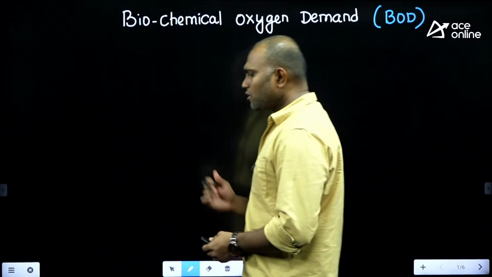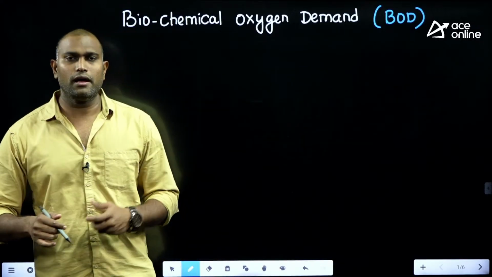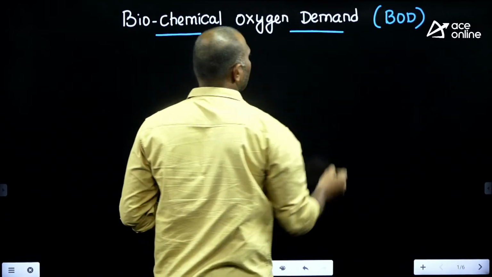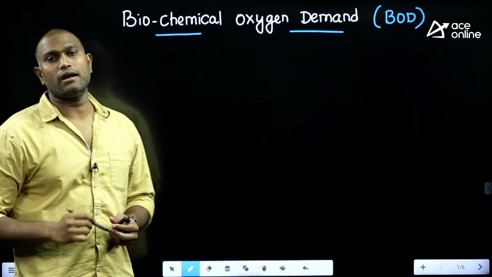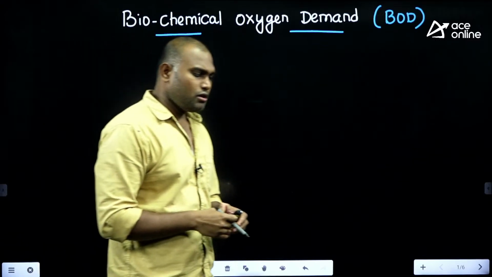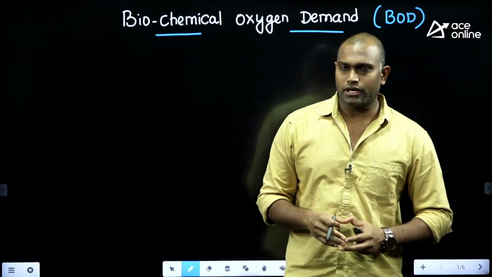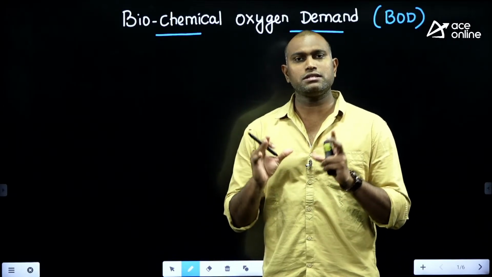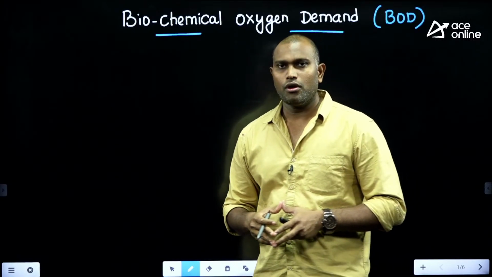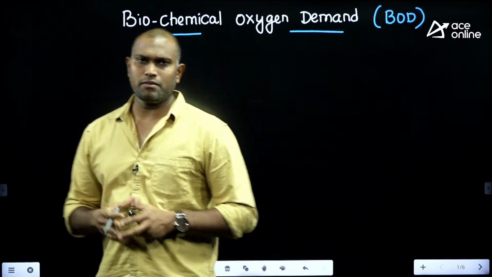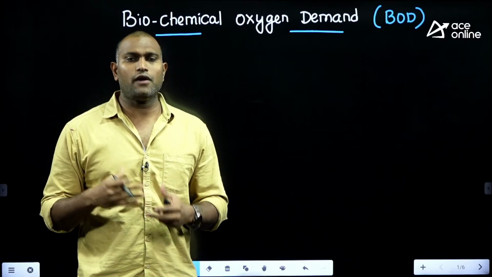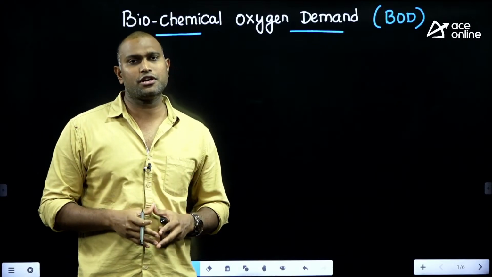Now first we'll discuss biochemical oxygen demand. Before going to it, we need to know some background. In wastewater engineering, our prime focus is to dispose of the wastewater. In our community, every day we generate wastewater after we get a supply of treated water.